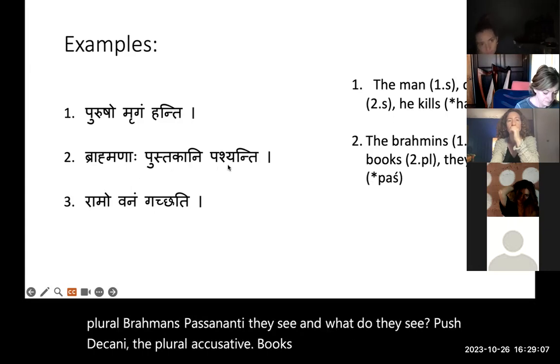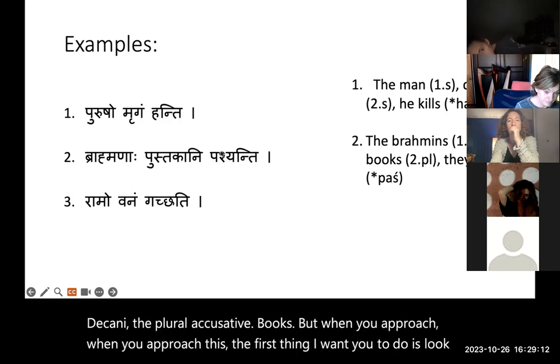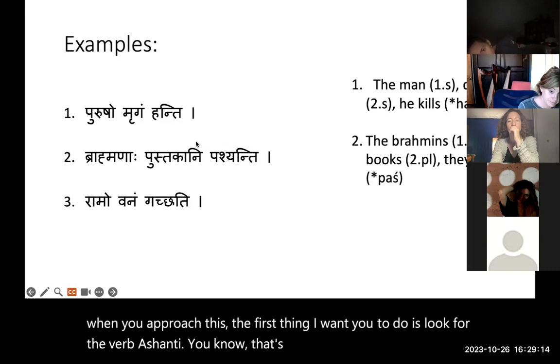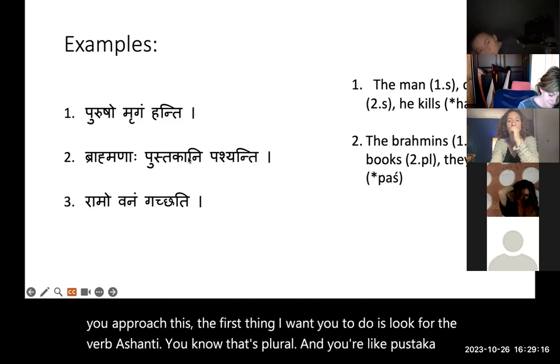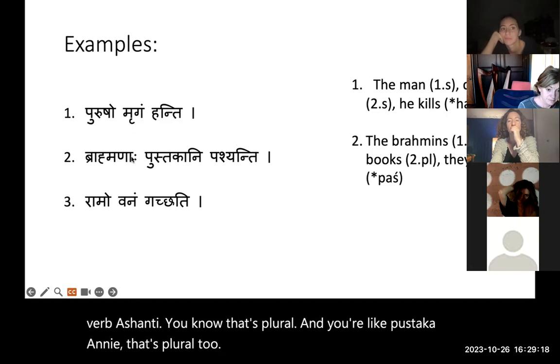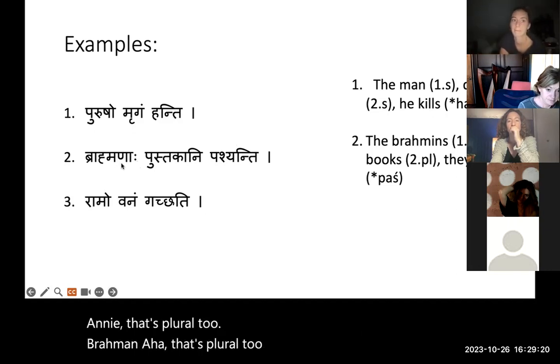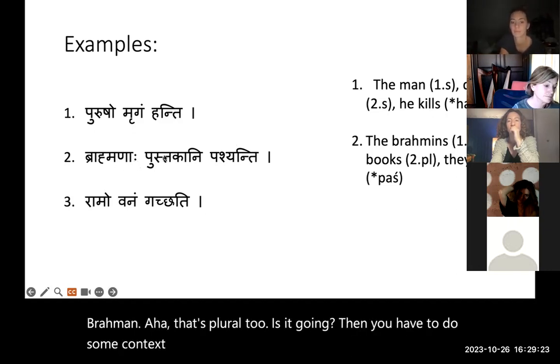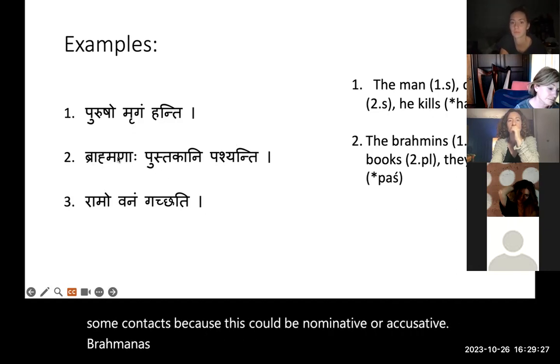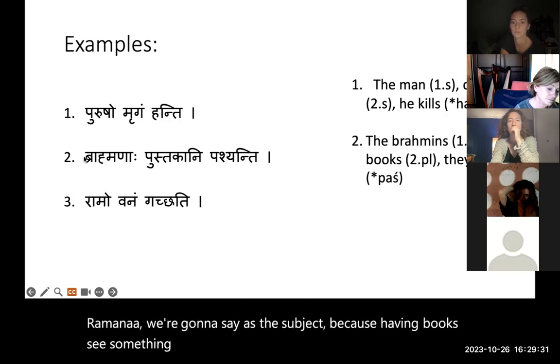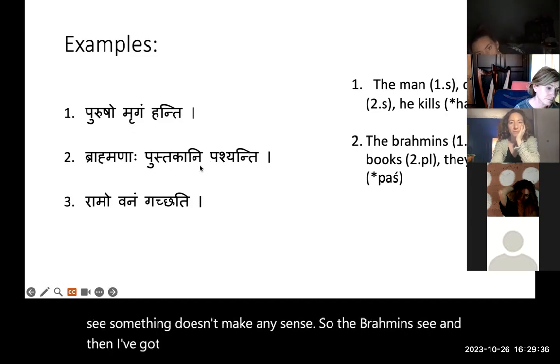But when you approach this, the first thing I want you to do is look for the verb, pashanti. You know that's plural. And you're like, uh-oh, pustakani, that's plural too. Uh-oh, Brahmanaha, that's plural too. Then you have to use context, because this could be nominative or accusative. Brahmanaha, we're going to say is the subject, because having books see something doesn't make any sense. So the Brahmins see, and I really want this word over here to be the accusative.